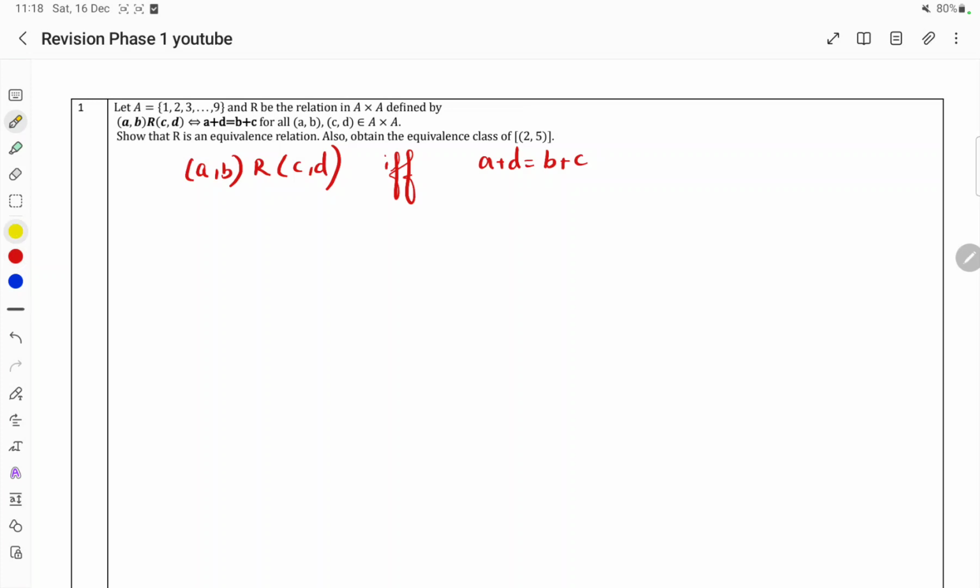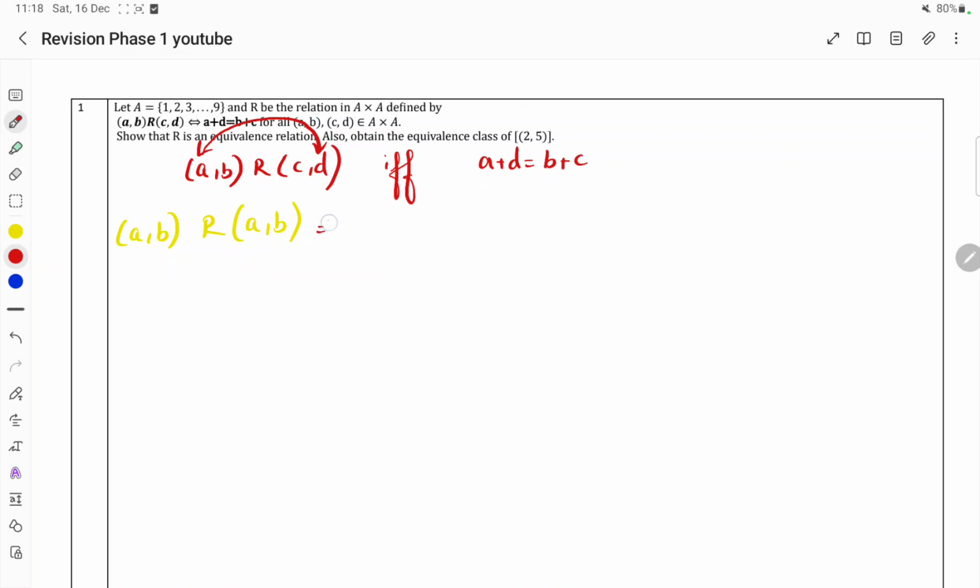Now I have to check whether (a, b) is related with the same element, this entire thing being one element, (a, b), or not. If it is related, I just have to check whether a plus d is equal to b plus c or not.